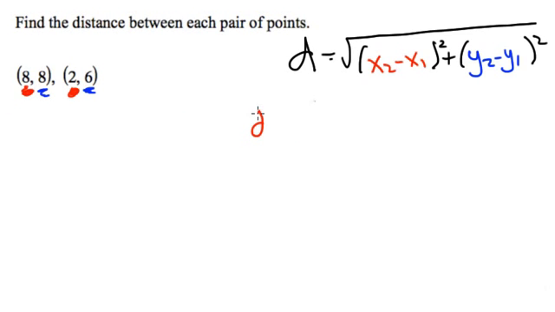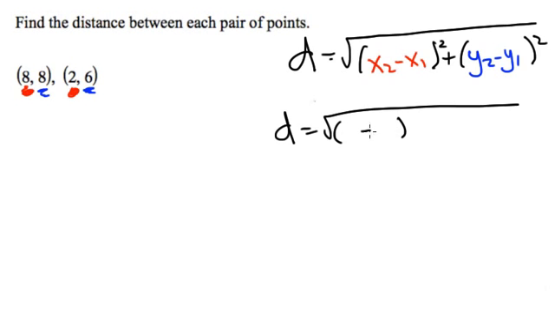So my distance equals the square root of the difference between my x's plus the difference between my y's, and both of those squared. So let's do my x's first. My x's are 8 minus 2, and my y's are 8 minus 6.